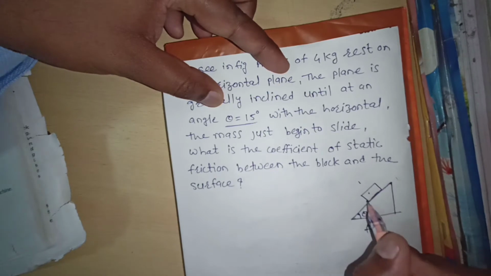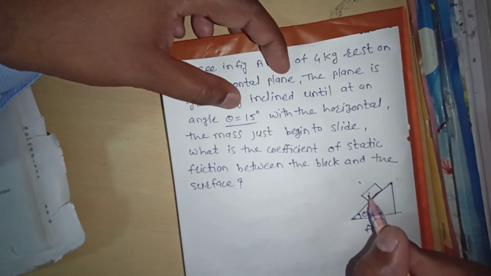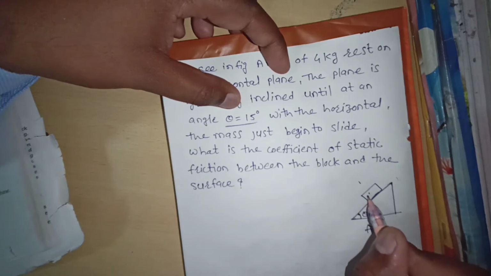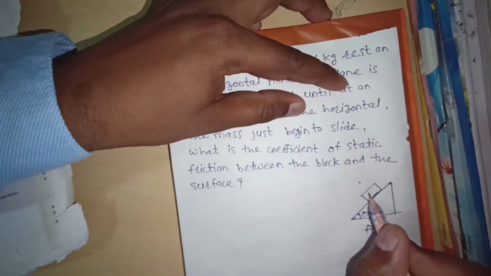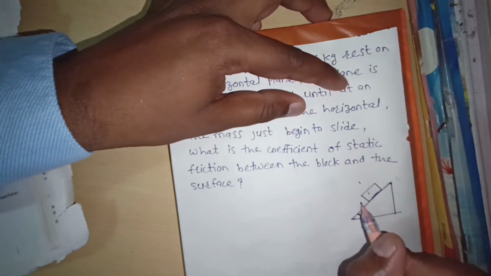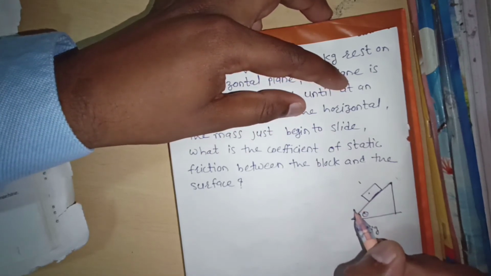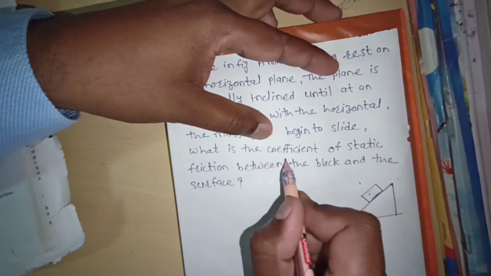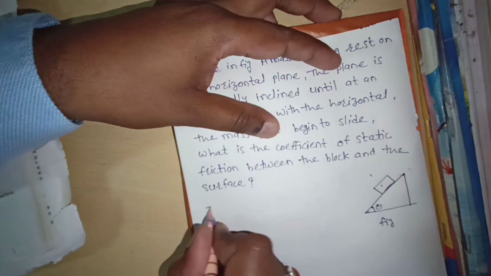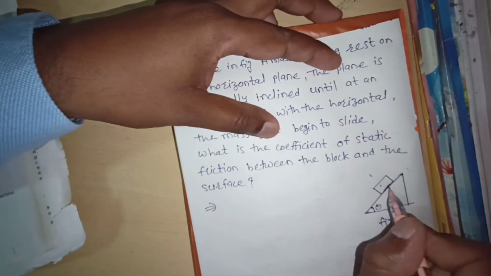When theta reaches 15 degrees, what happens? The mass slowly comes in a downward direction, means the mass just begins to slide. In that case, we have to find the coefficient of static friction between the block and the surface.